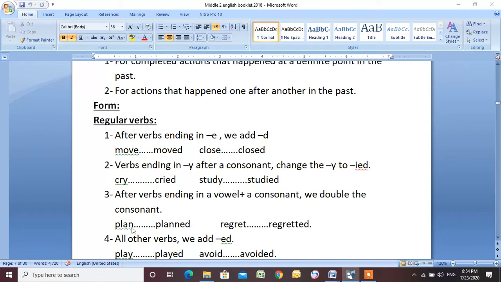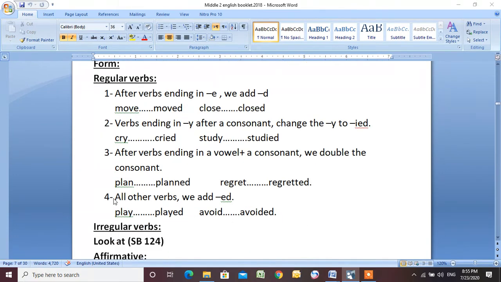So verb plan, we double the N, planned. Regret, regretted, we double the T. As I said, all other verbs we add ed, like play, played, avoid, avoided, and so on. Now, these are the types of the regular verbs.